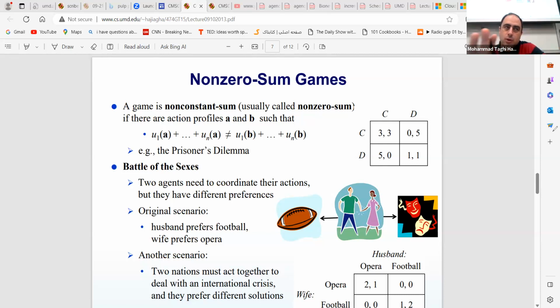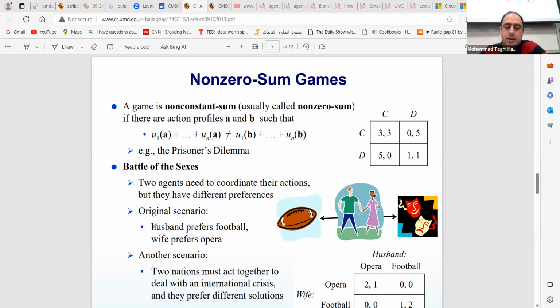There is some coordination versus some competition. So there are two agents that need to coordinate their actions, but still they have different preferences. The original scenario mentioned for this game is a husband and wife. Again, as I mentioned, everything in life is essentially a game. The husband prefers to go to football. The wife prefers to go to opera.